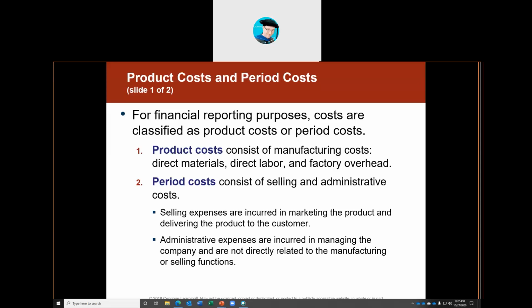Here's how I want you to think about it. Product costs are direct costs, and they are tied directly to the manufacturing process. Period costs are not directly tied to the manufacturing process, but they are a part of getting the finished good to the customer. These will be selling and administrative expenses.